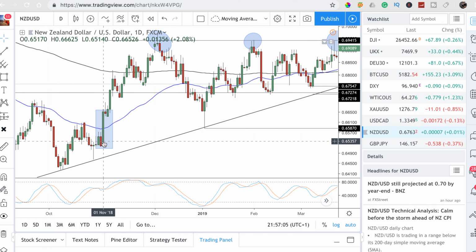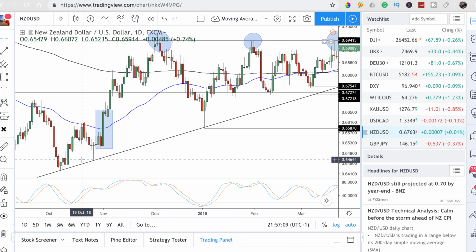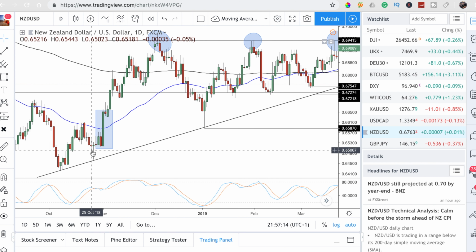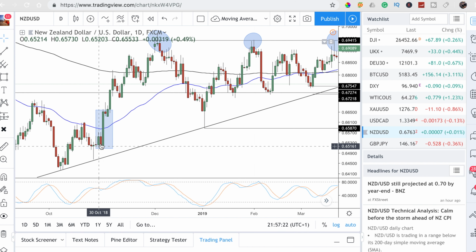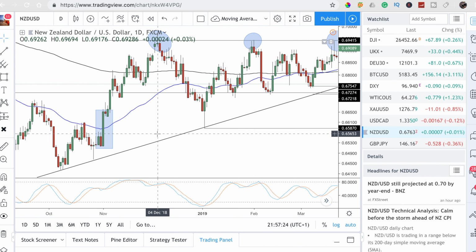But if you look at what happened four days prior to that, look at that doji candle. Look at the size of that wick. That's telling you that the bulls are coming in and saying, time to play. It's our time. And of course, they just smash through the market straight away.